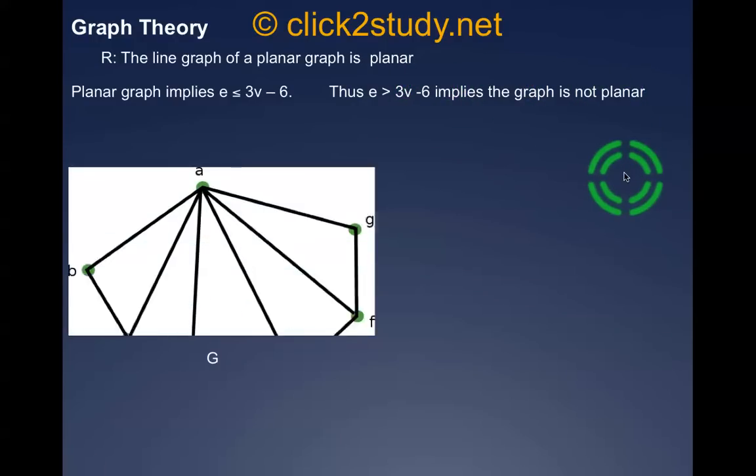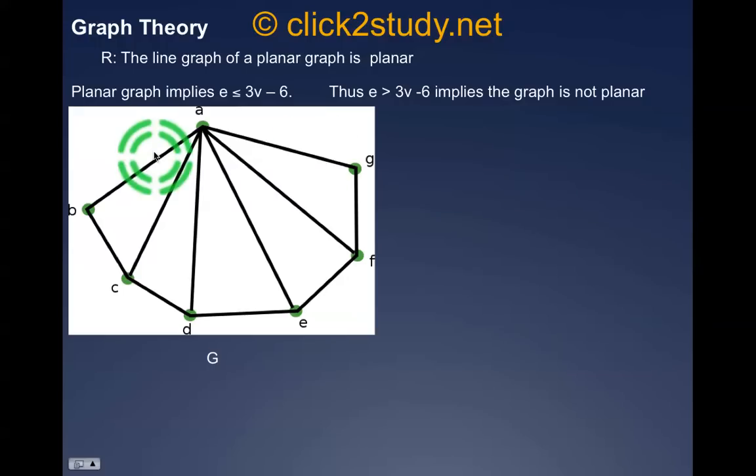Alright, so we take this planar graph and try to find the line graph. You can ask, why did I choose this planar graph? The answer is, I spent 2 hours to find a planar graph whose line graph will not be planar. For smaller planar graphs, the line graph often comes out planar.